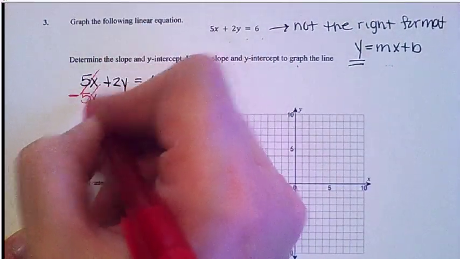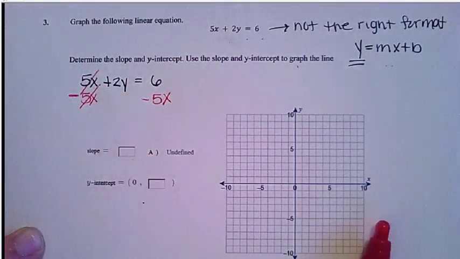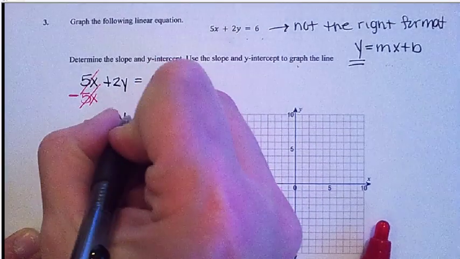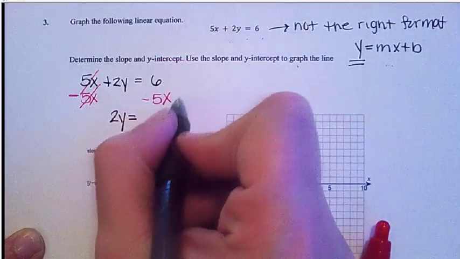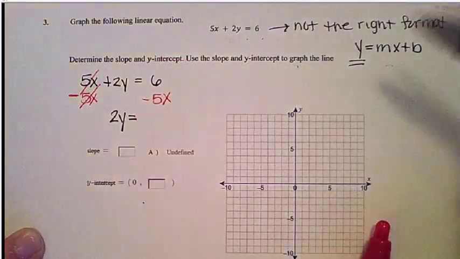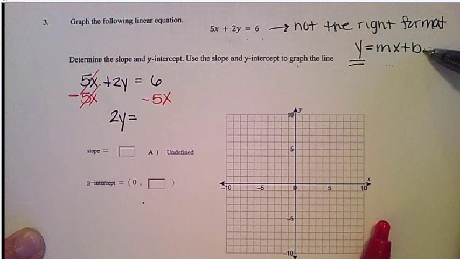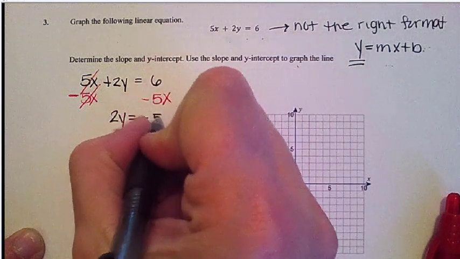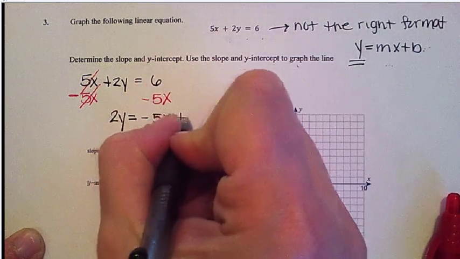Our x's on this side are going to cancel each other out. Over here we're going to get 2y equals. Now I'm going to list my x first because I want it to look like this particular format, although technically I could do this a little differently. But I want to go ahead and put negative 5x plus 6.